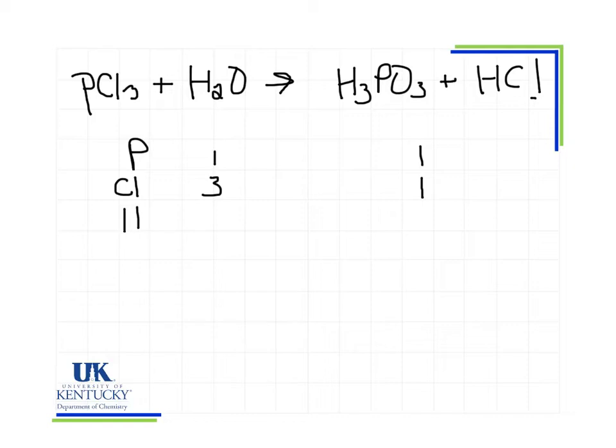For hydrogen, on the left I have 2, and on the right I have 4 because I have 3 here plus 1 more there. For oxygen I have 1 oxygen on the left, and on the right I have 3 oxygens.